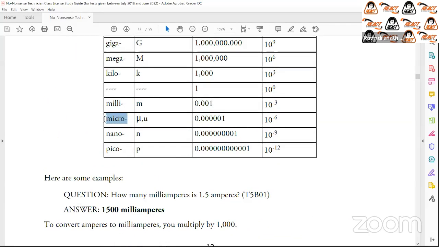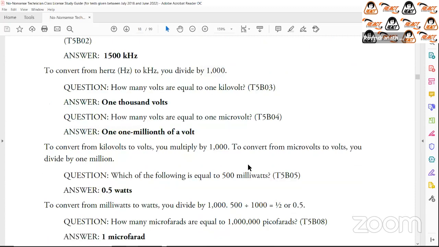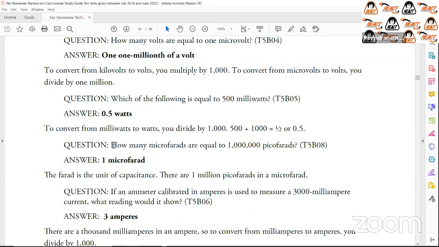So micro to pico. So notice that pico is smaller than micro. And the question is, how many microfarads are there in 1 million picofarads?